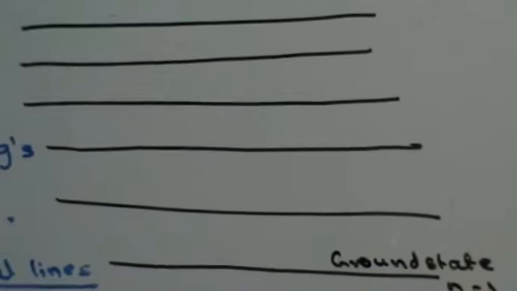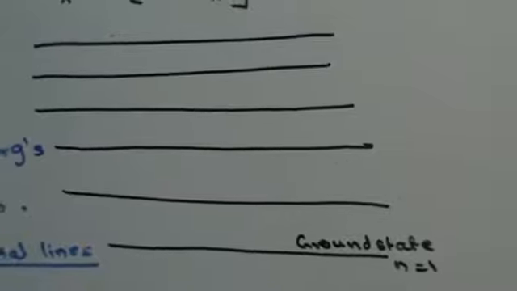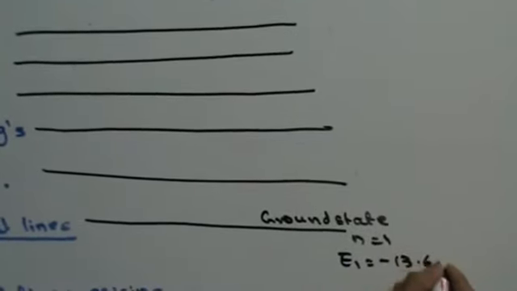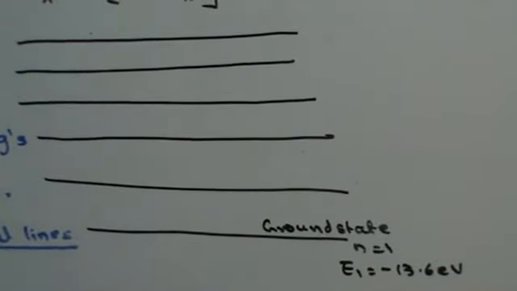Let's assume that this is my ground state, where n is equal to 1, right? This has energy which is equal to minus 13.6 electron volts, right?